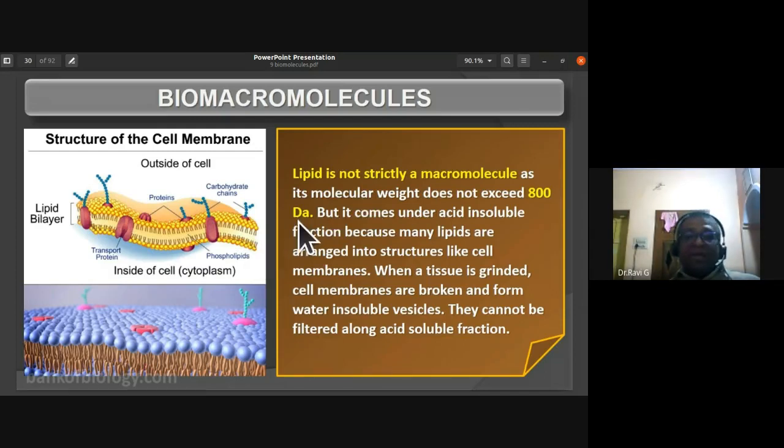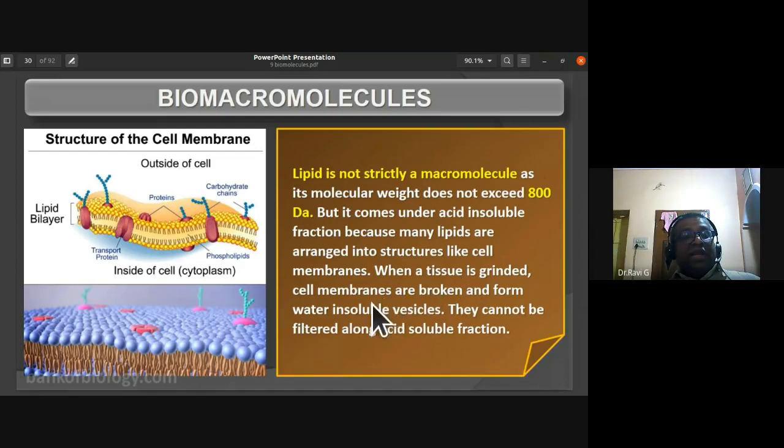Lipid is not strictly a macromolecule, as its molecular weight does not exceed 800 Daltons. We have already studied lipids and types of lipids in biomicromolecules. But lipids come under acid insoluble fraction because many lipids are arranged into structures like cell membranes.